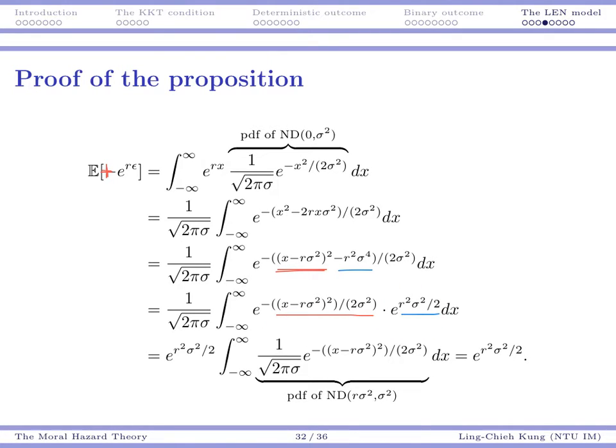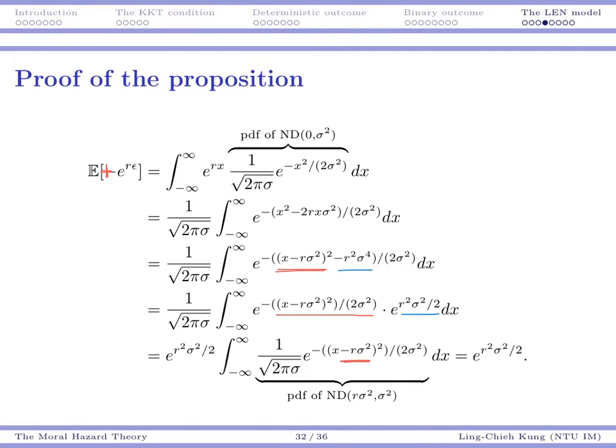And once we take this outside, we also take that 1 over square root of 2 pi sigma into the integral. And if we check, this whole thing is just the PDF of another normal distribution whose variance is still sigma squared and whose mean is r sigma squared. Okay, the mean is here.